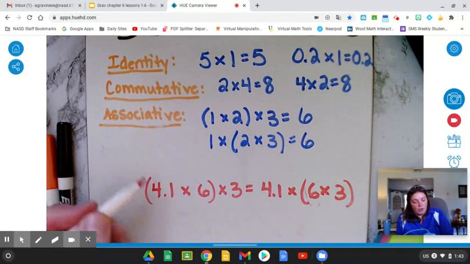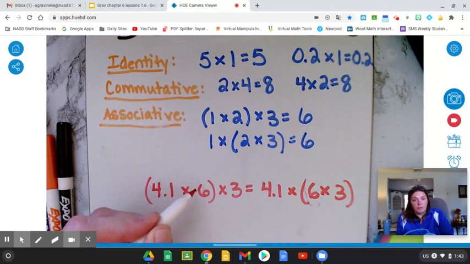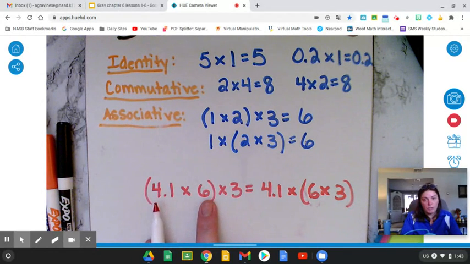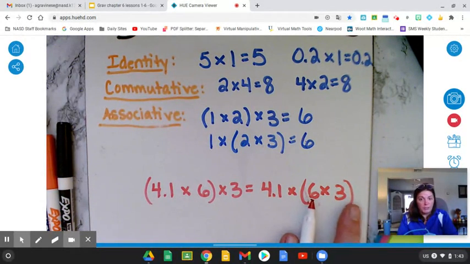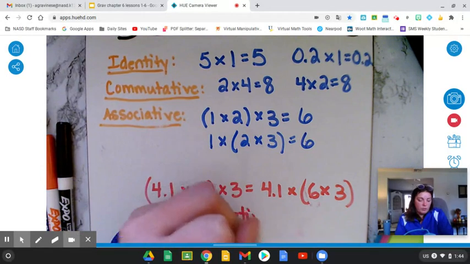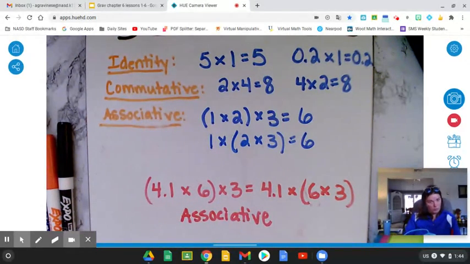That means that the grouping is different, but our answer, our product will be the same. So here I've grouped my first two factors together, and here I've grouped the second two factors together. That's the associative property. And as I say every year, please do not abbreviate the associative property.